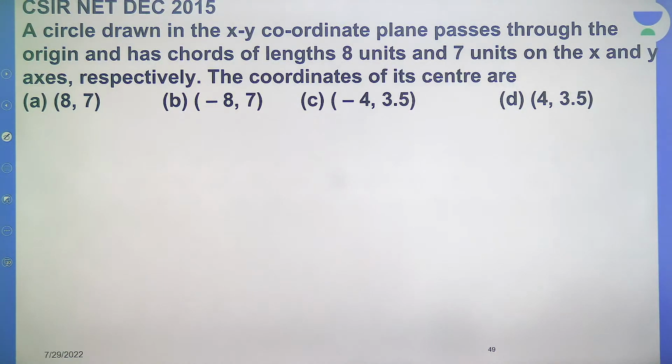Okay, so I'll explain. Some of you got option D. All of you tried? Try to draw that picture. Coordinate geometry practice करके ही improve कर सकता है.